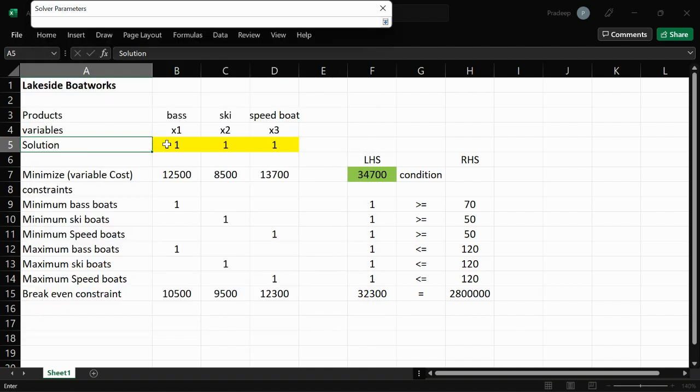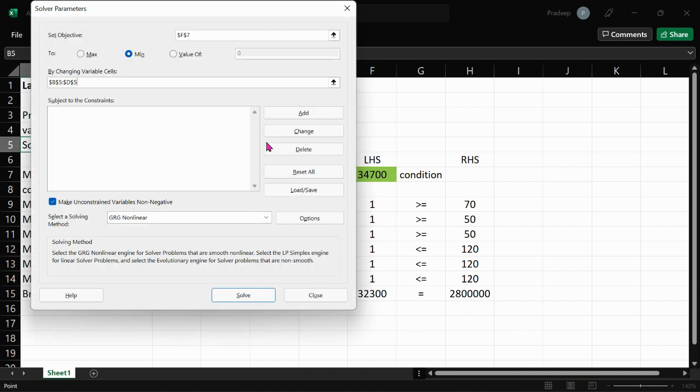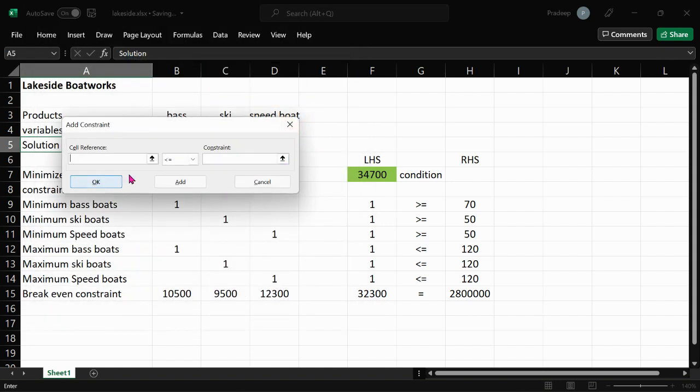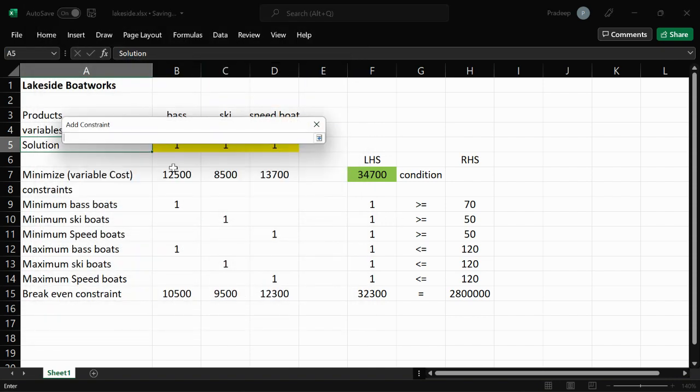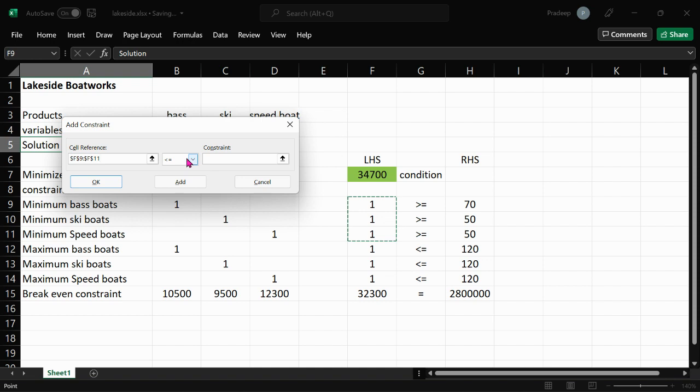These three yellow colored cells are our decision variables. Now constraints, add. Here I can add these three together, left hand side, then the condition is greater than or equal to, and the right hand side is these three.